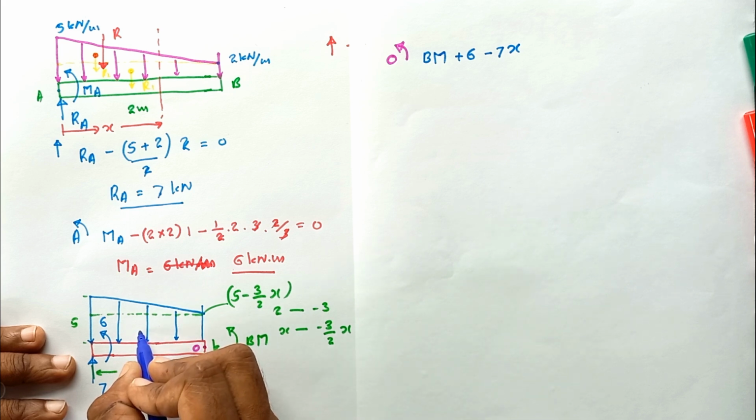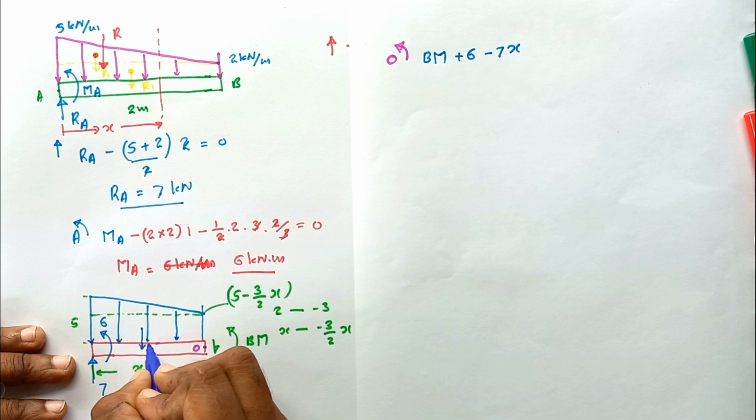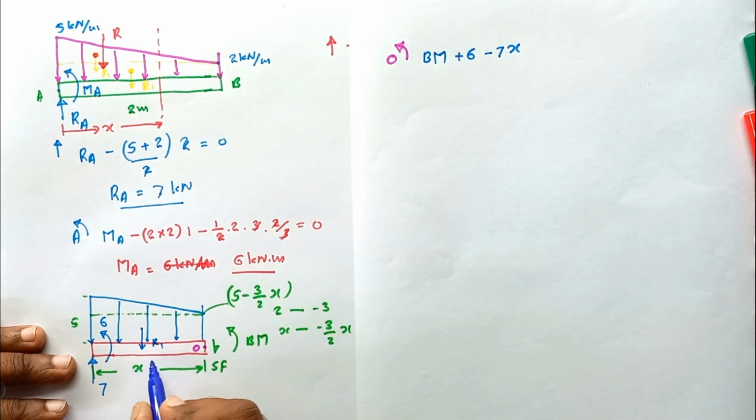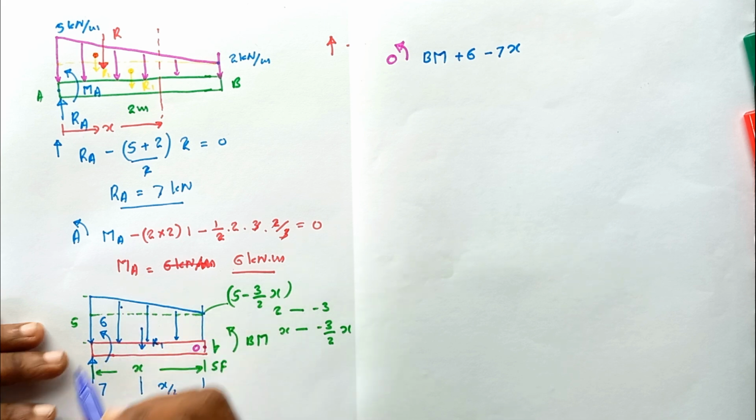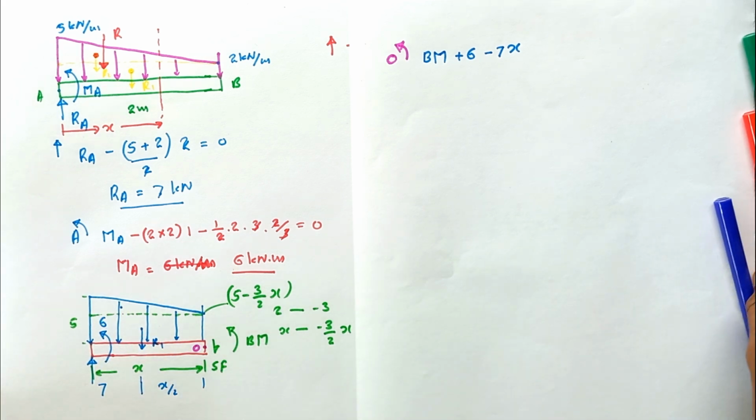So what is the moment produced by this rectangular section? Let's take this as R1. The distance to R1 is equal to x divided by 2. For this triangular section, let's take this value as R2.